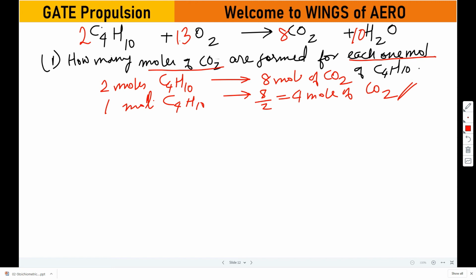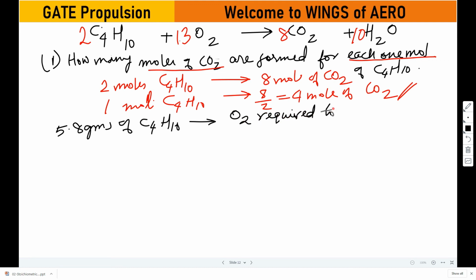Now this is one thing. Next question is, this is the equation they have given. They have said if there is 5.8 grams of C4H10, how much amount of O2 is required to burn the fuel?